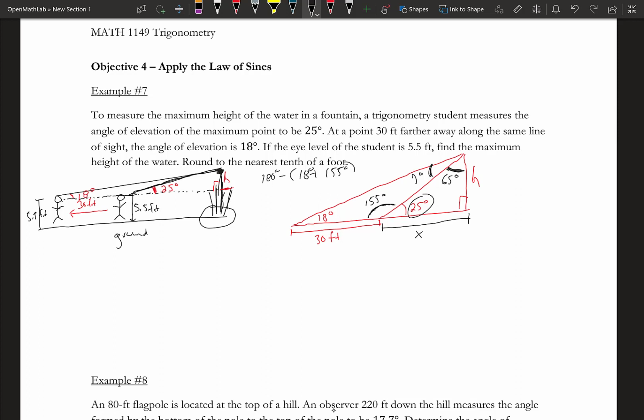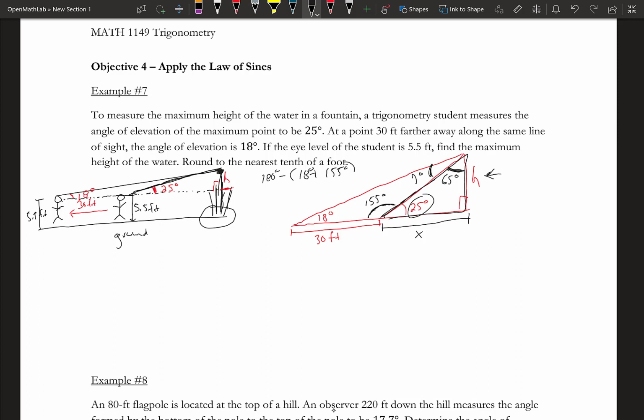So to figure this out, I'm trying to find H. In order to find H, I need to know one of the sides of this triangle here.